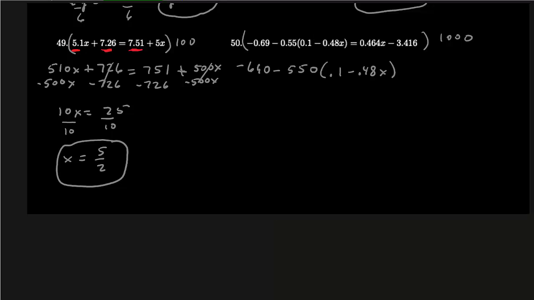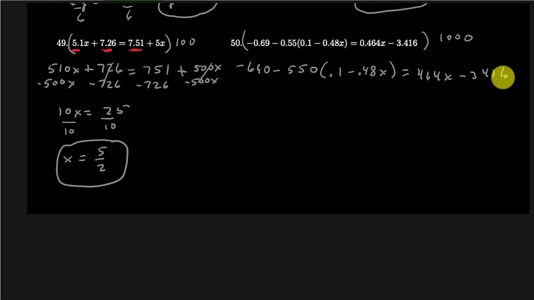So you multiply the 1,000 times this number in front. You don't multiply it to the ones on the inside also. Okay? You don't do that. And that is equal to 464x minus 3416.